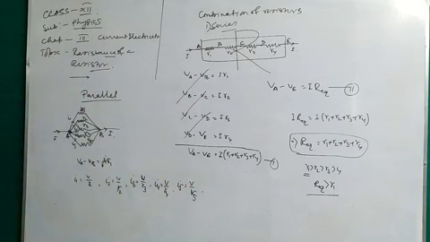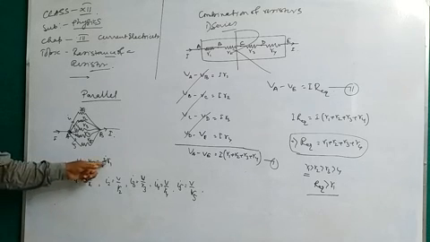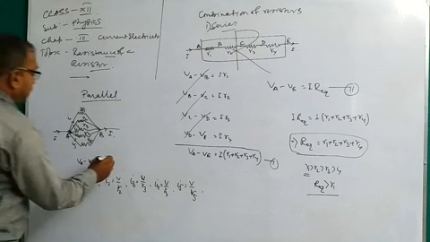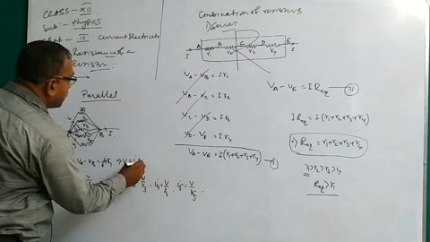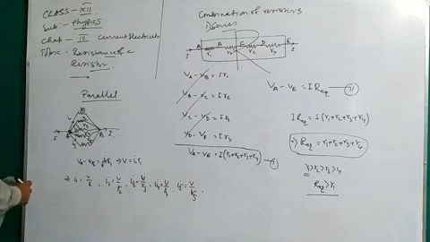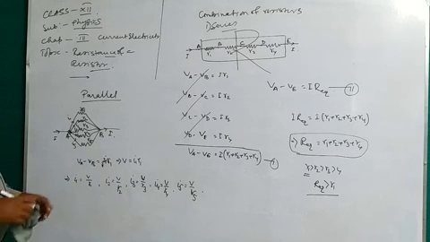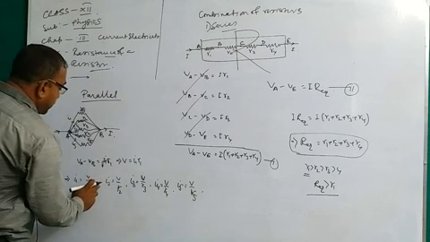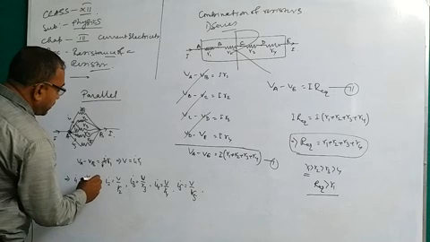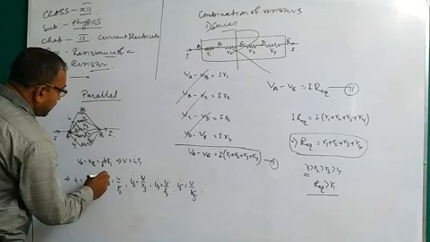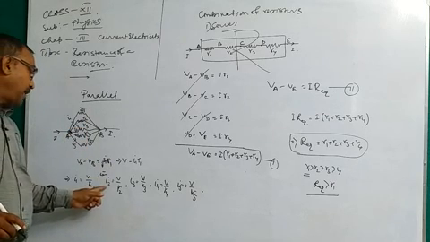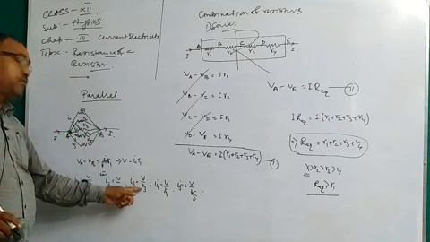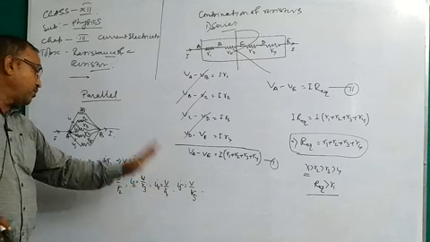You check it. VA minus VB equals I1 into R1. If you consider VA minus VB equal to V, then I1 equals V by R1. Then, in a similar way, you can find it for the second resistor, I2 equals V by R2, I3 equals V by R3, and so on.